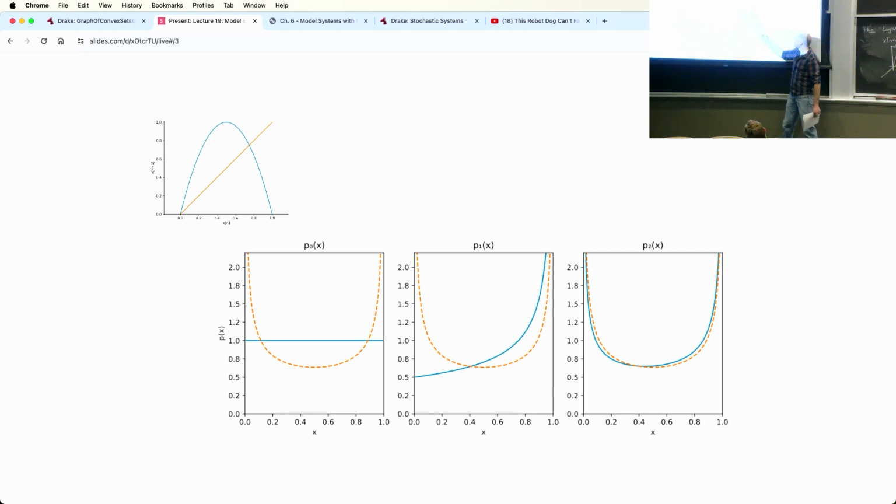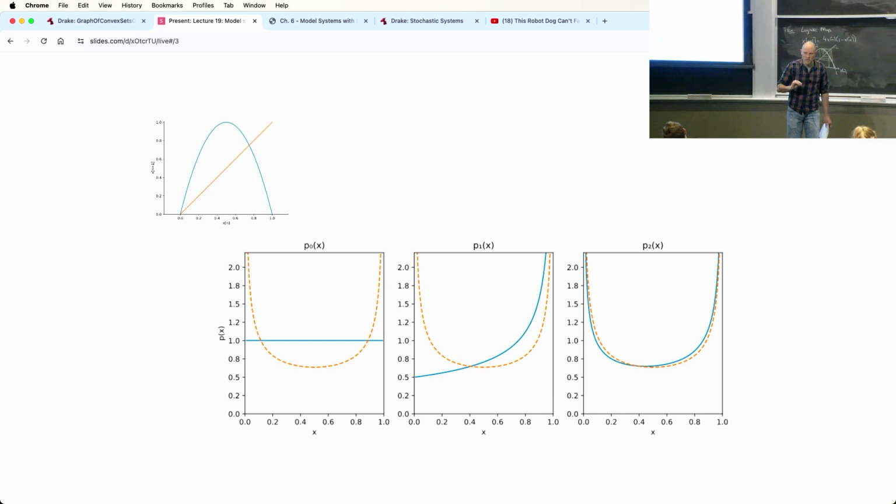After 2 steps, it looks like this. And after 3 steps, it converges quickly to a steady state distribution, which is this dashed line here. That's P infinity, and it will stay there forever. Individual rollouts of this system are chaotic. They're crazy. The probability distributions are beautiful and simple and clean.